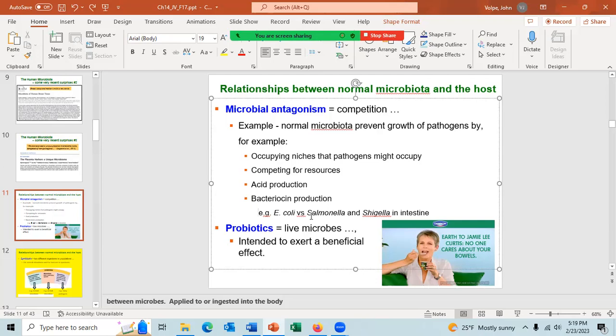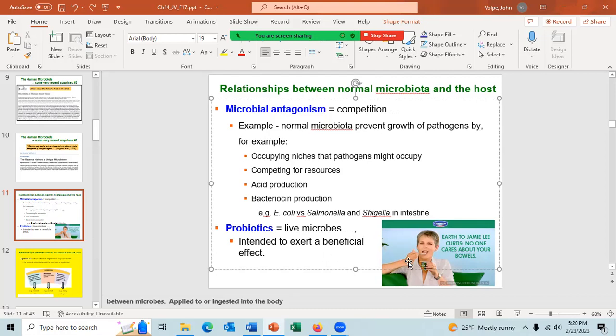All right. So we can also take probiotics. These are live microbes applied to and ingested in the body, like eating yogurt with live microbes in it. This is intended to exert a beneficial effect.